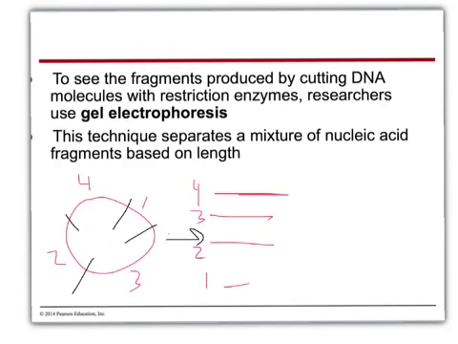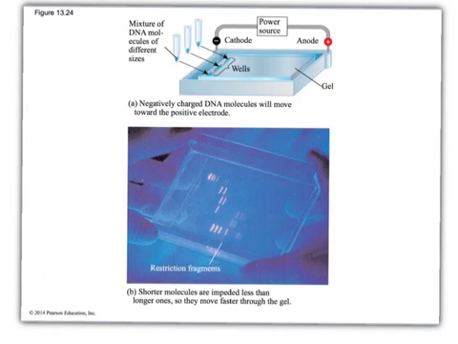DNA is charged. It's negatively charged, so it will always move towards the red or the positive end. Based upon that, you can move it through the gel, which separates it so it looks like this.